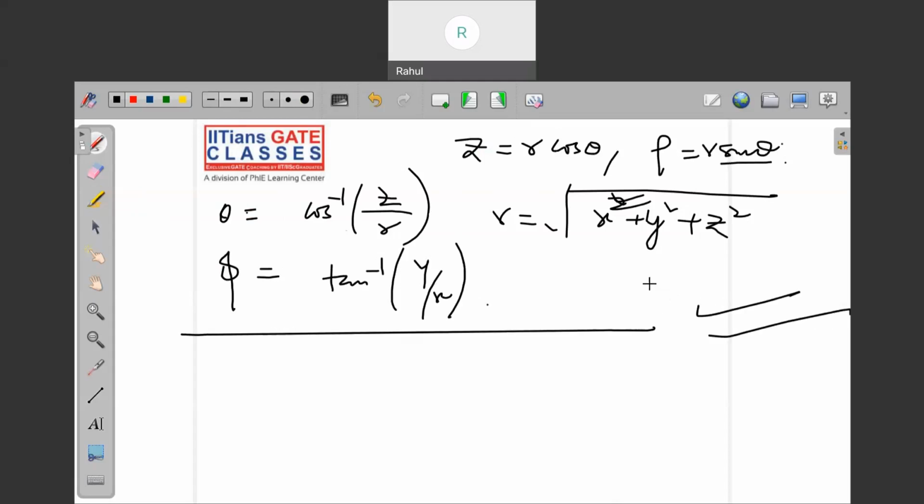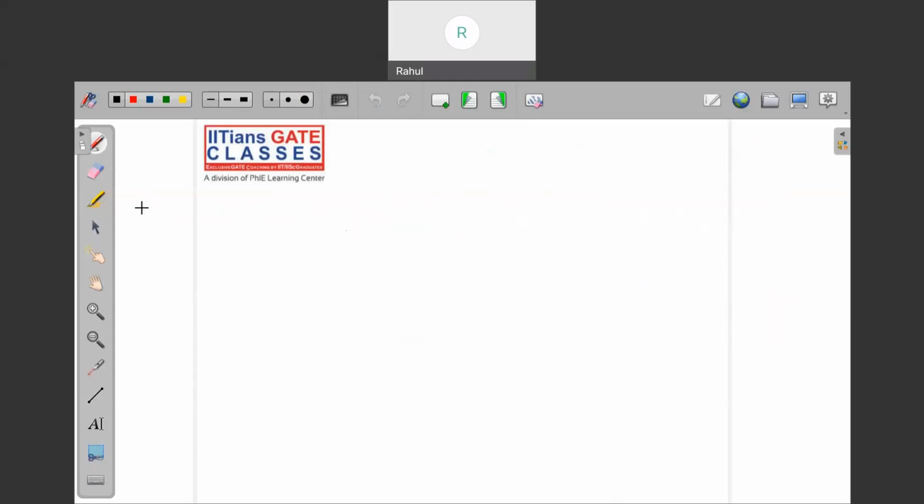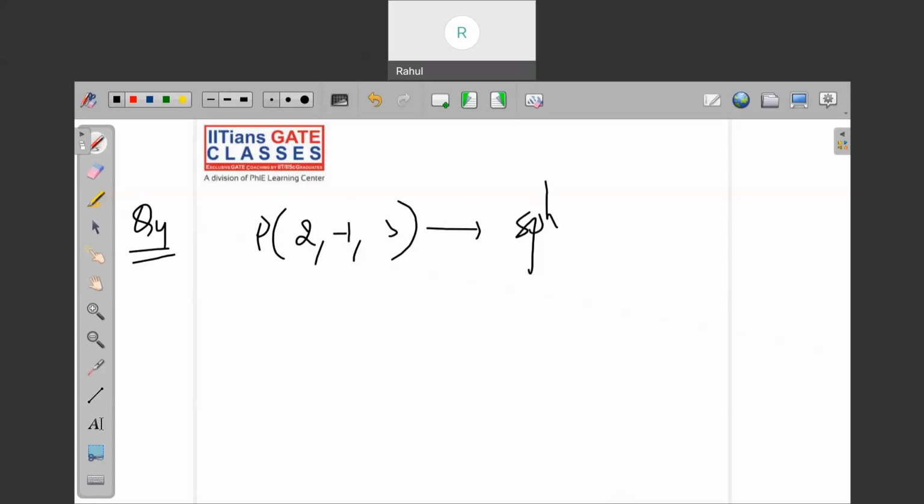So let us take one numerical problem just to realize this. The coordinate is given as 2, -1, and 3. By looking at the coordinate, you can identify there is no angle. It is given in Cartesian and you have to convert it into the spherical coordinate system.